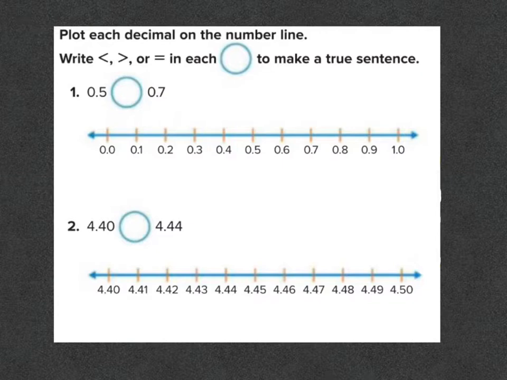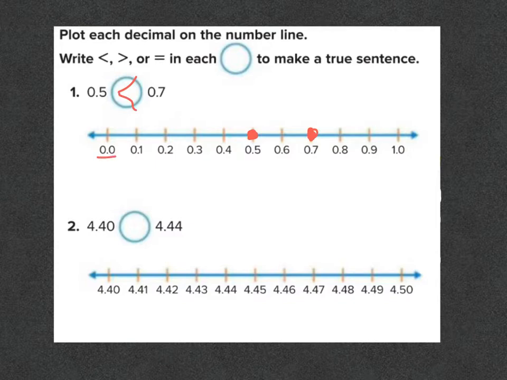It says plot each decimal on the number line. We're going to write less than, greater than, or equal to in each circle to make a true sentence again. So here we go. Let's get started. The first one is 5 tenths, so we have to do 5 tenths on the number line, and then 7 tenths on the number line. Because 7 tenths is to the right of 5 tenths, I know that 7 tenths is bigger.